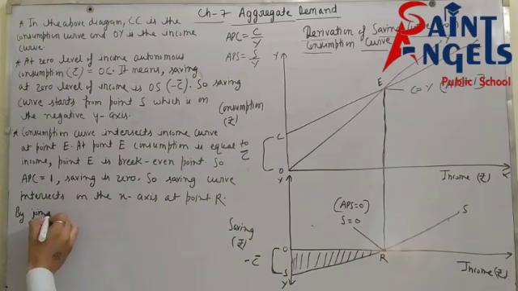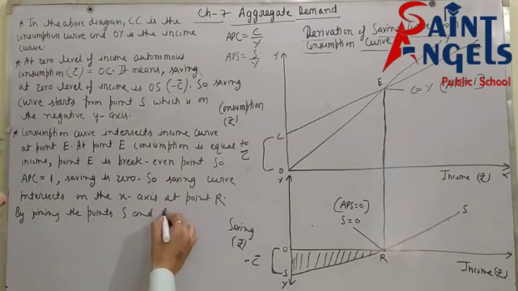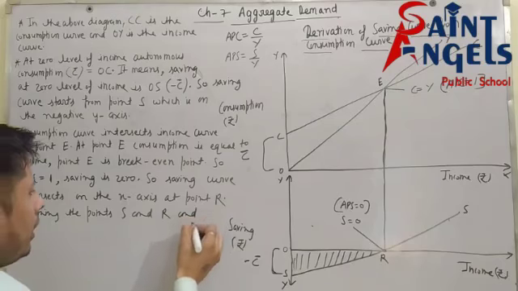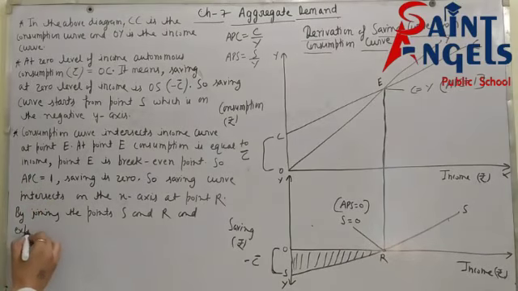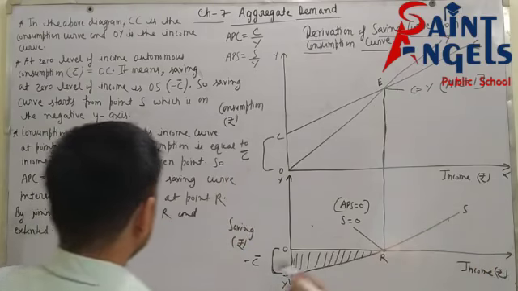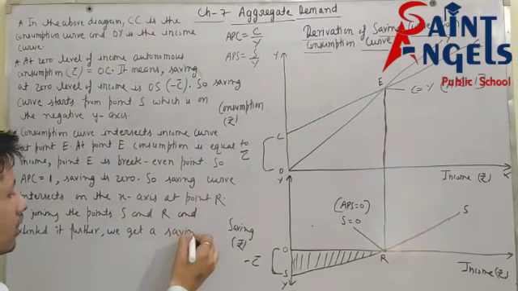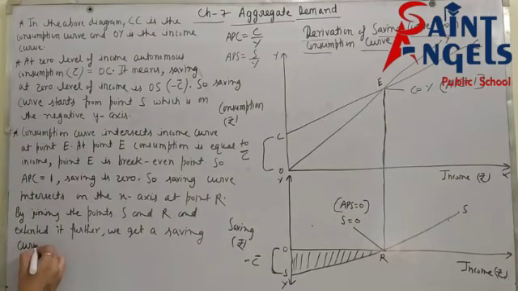By joining the points S and R and extending it further, we get a saving curve, means the SS curve.